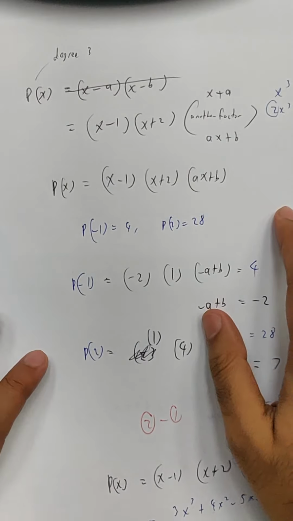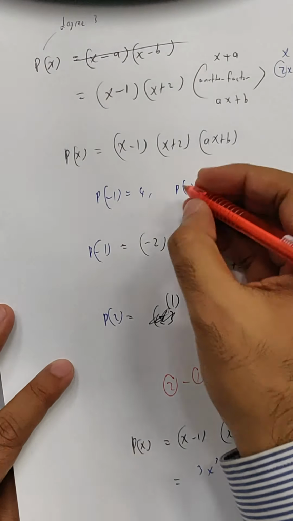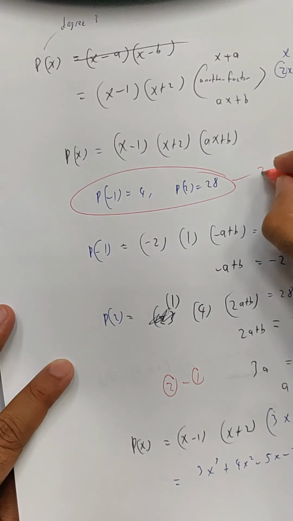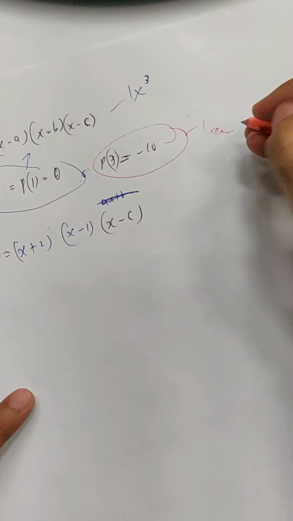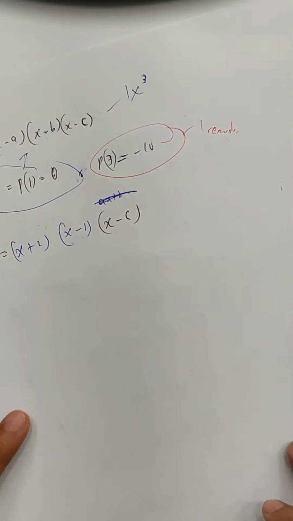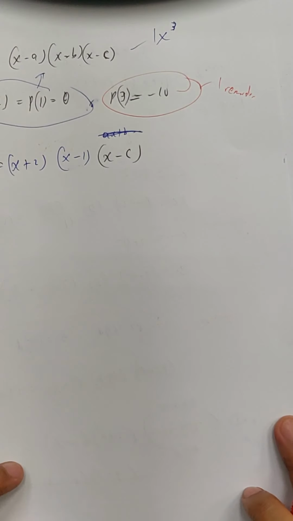Unlike last time, when we were told we have two remainders here, this time we only have one remainder. Can someone tell me why? This is easier to answer.